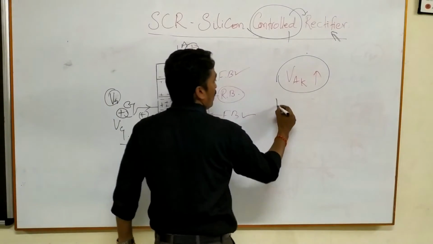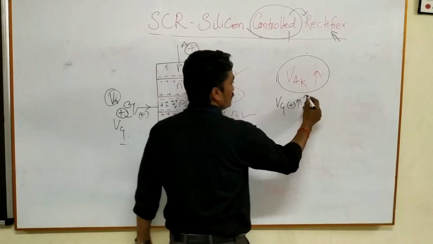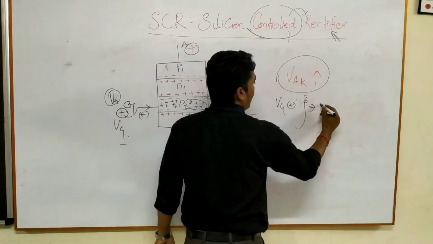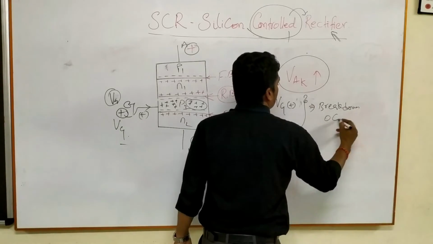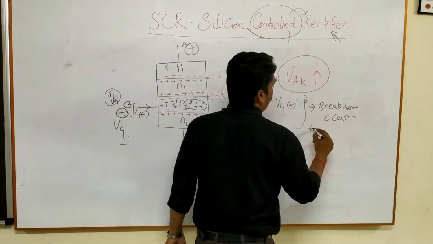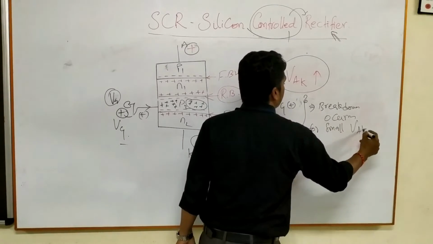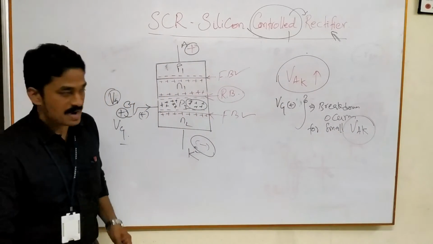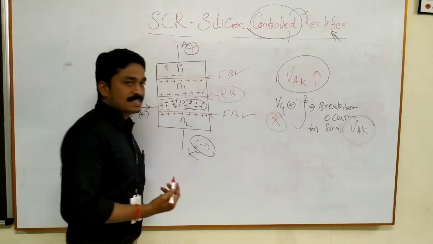It means when we have a gate voltage, a little higher plus, then breakdown occurs for a small VAK, and this is a very important point one must remember in the SCR operation.